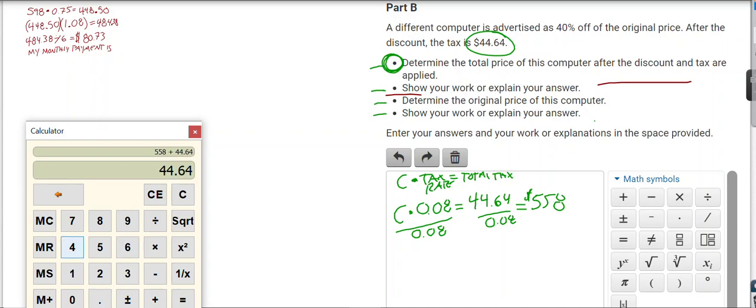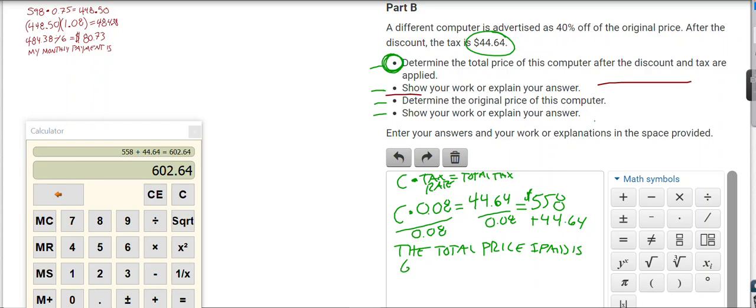I got the decimal there. And so I would actually have to say that I added 44.64, that the total price I paid is $602.64.